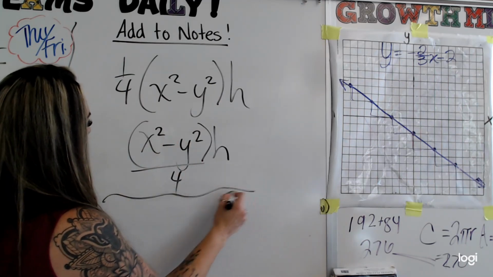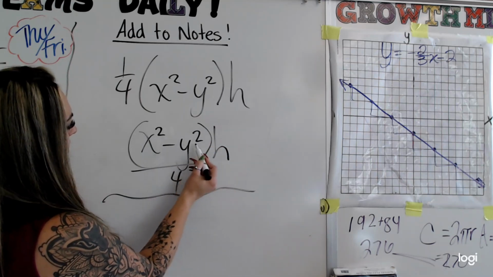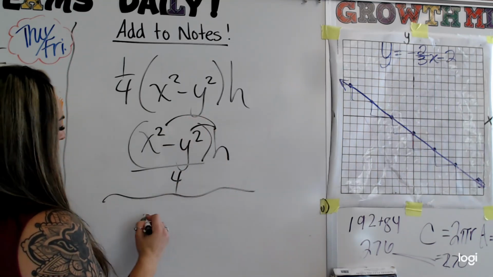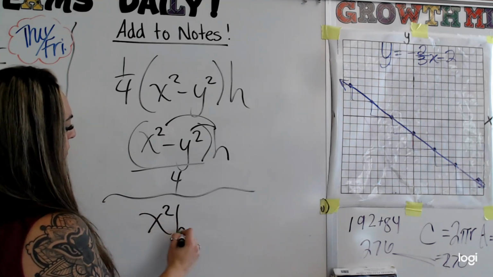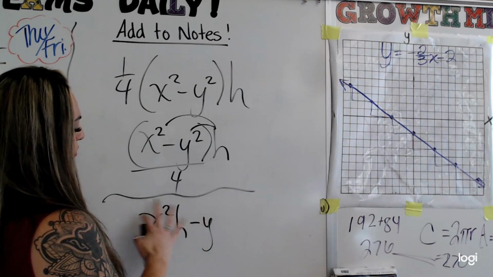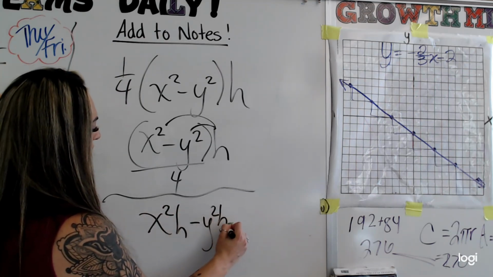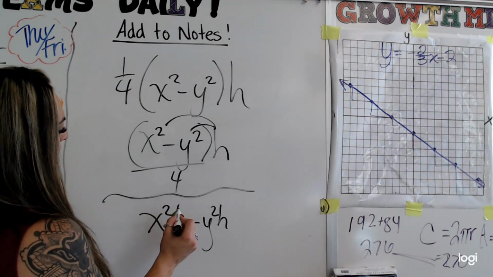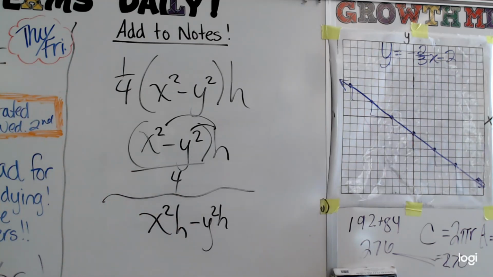Another way that you might see this, if you think about this, this is this expression times h. So we would need to distribute that, right? So you might see x squared h, not on the test, but you see them just written together, minus y squared h, and then you would have to divide by 4.